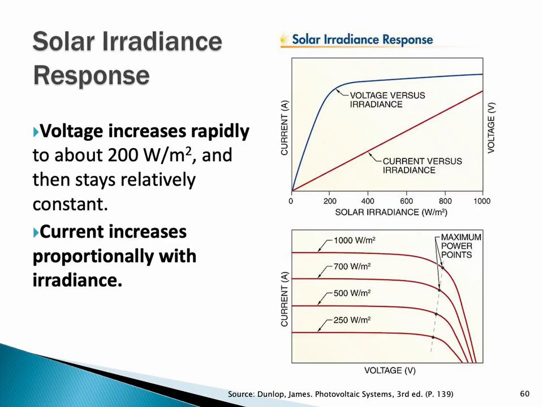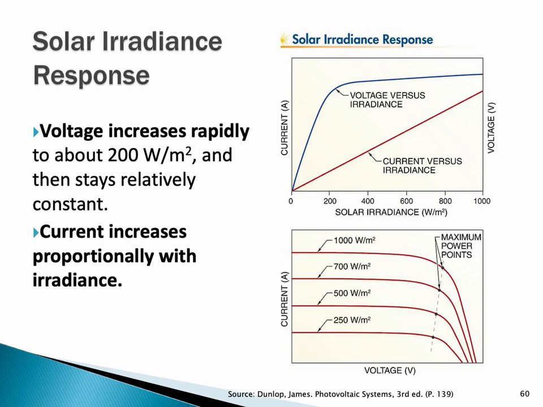If we look at the IV curve, current is going to be variable. Voltage is more or less going to be constant. As we change irradiance, down here we have 250 watts per meter squared, or about a quarter of the potential. At the very top we have 1,000 watts per meter squared, the maximum potential. Somewhere in between we have 500 and 700.